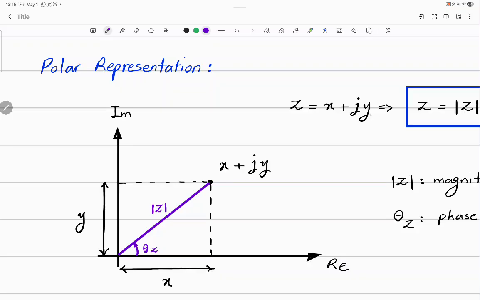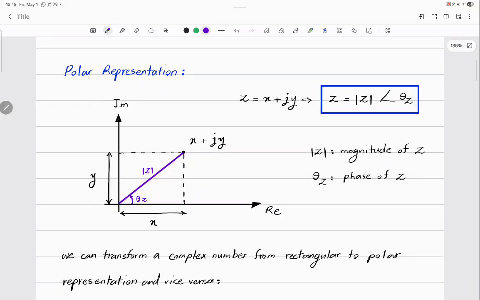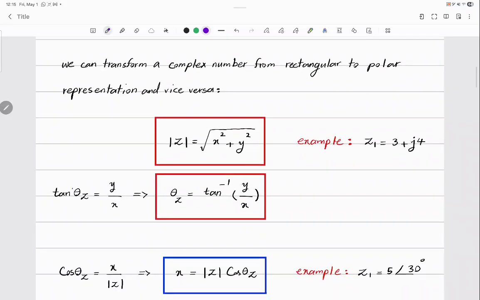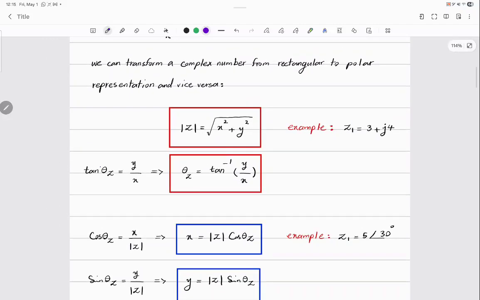Or I can say that the tangent of theta is equal to y over x, which means theta is equal to inverse tangent of y over x. Okay, this is great. I'm tired. And this is exactly what we talked about, how to transfer from rectangular to polar and from polar to rectangular.